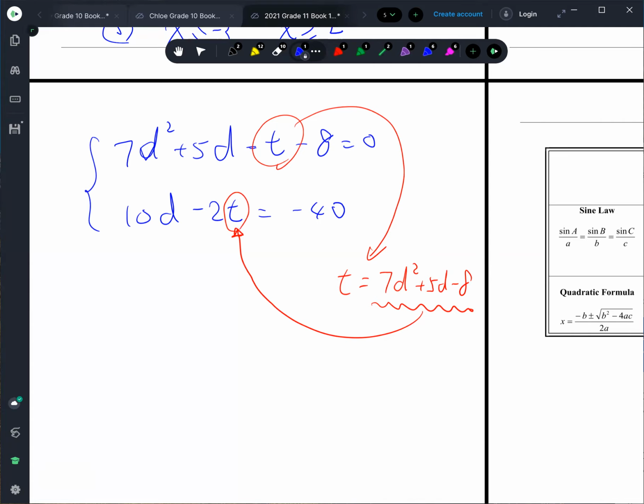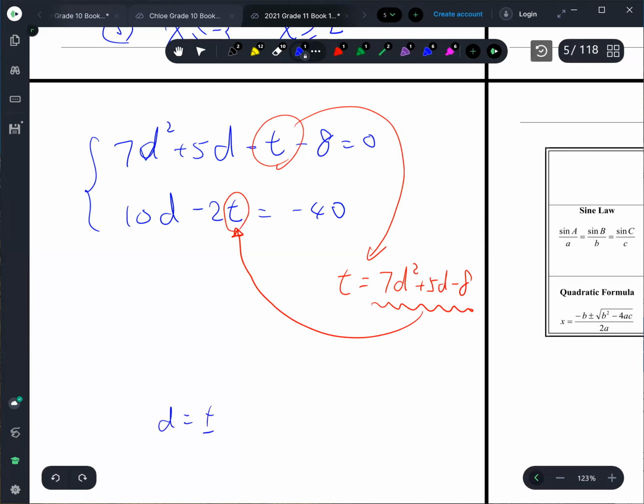I got d equals positive negative 2. I don't know the answer. Do you want to tell me what you did? After I factored it out, it's 10d minus 14d squared minus 10d plus 16 plus 40 equals 0.